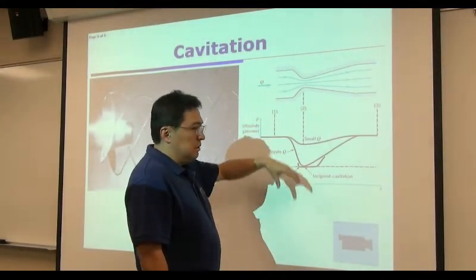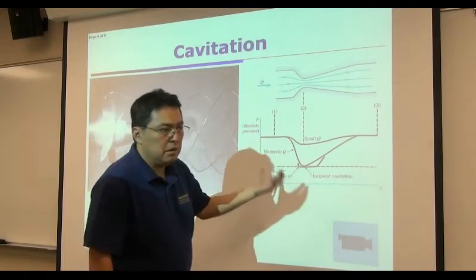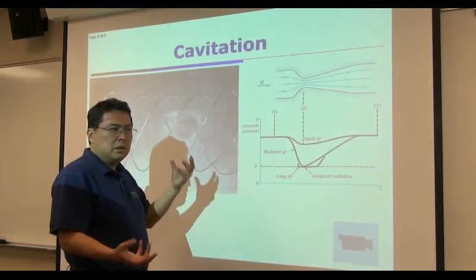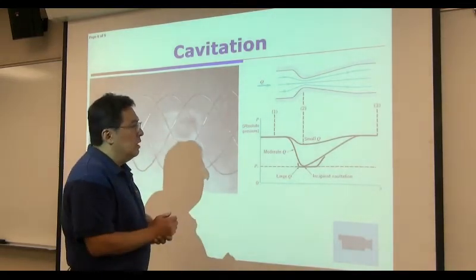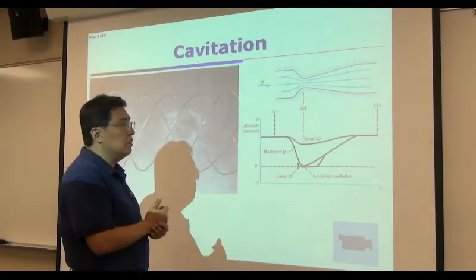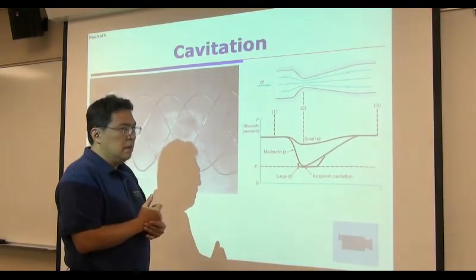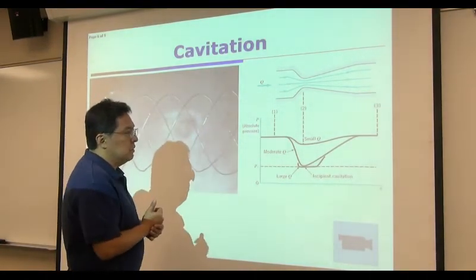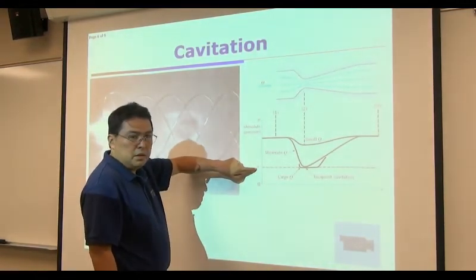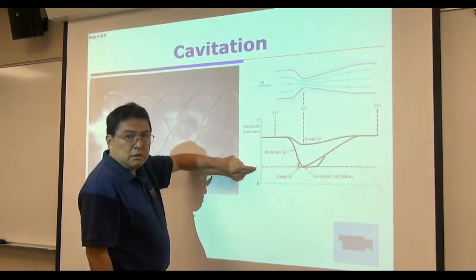That's called cavitation. Cavitation can happen without change of temperature. Major factor of that cavitation is a change of pressure. So if there is a mechanism inside of your flow field to lower the pressure, at that lowest point of pressure, if that pressure hits the vapor pressure of a given temperature, actually cavitation starts to happen.